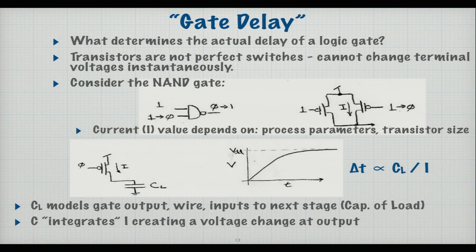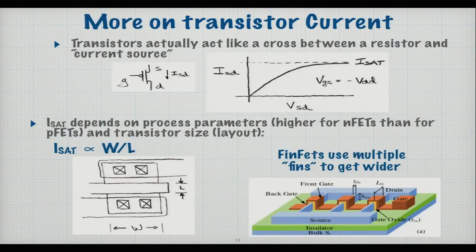All right. So we lump all that capacitance together for now and call it C sub L. Okay, so that's kind of the dynamics of how the gate is changing its output. This kind of explains where gate delay comes from, but I'll say more about that in a few minutes.